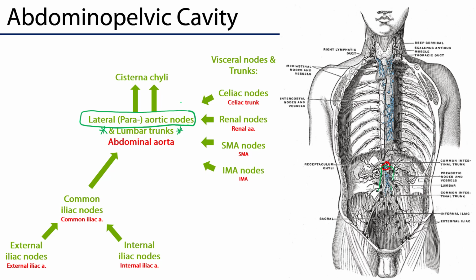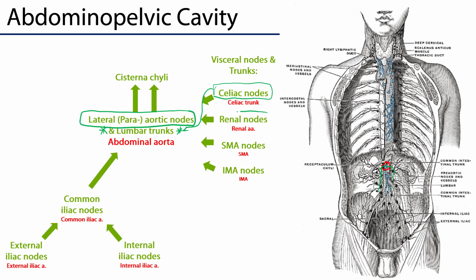The abdominal aorta gives rise to various large visceral trunks and arteries, and it's these trunks and arteries that are going to also supply the routes for lymphatics to come back to the lumbar trunks via associated vessels. So for instance, along the foregut, there are celiac nodes that are going to feed into these lymphatic trunks.